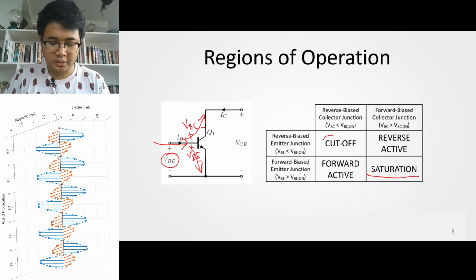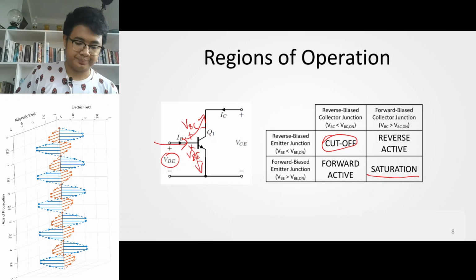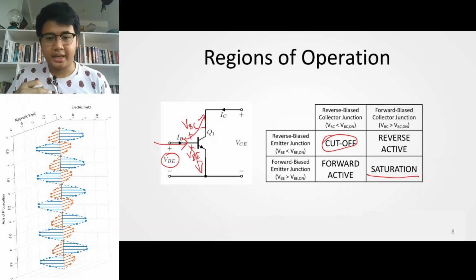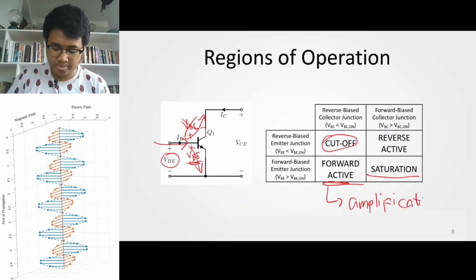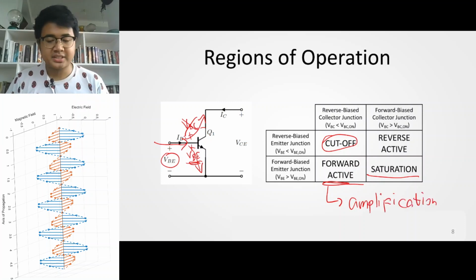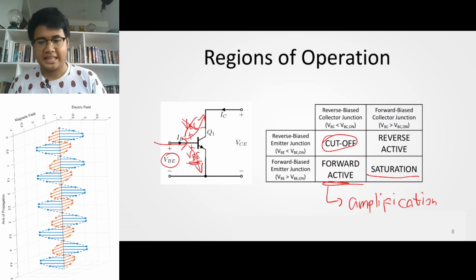So you are in the cutoff region of your transistor. And for the other two, when VBC is turned off and VBE is turned on, you are in the forward active region. And this is the best region to use when you want amplification. Reverse active region is the opposite of that, but we don't really use it that much.